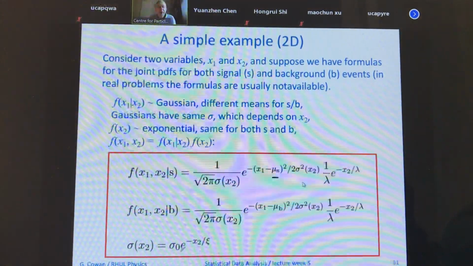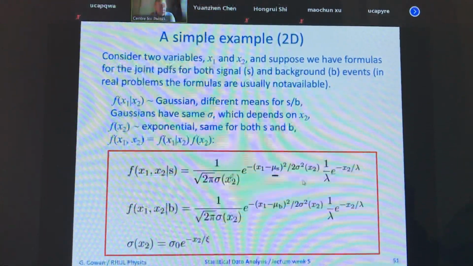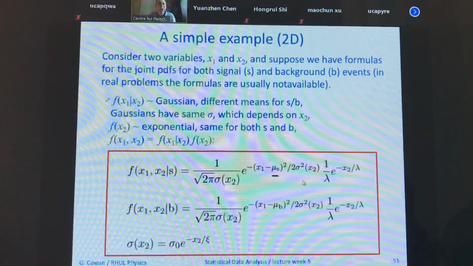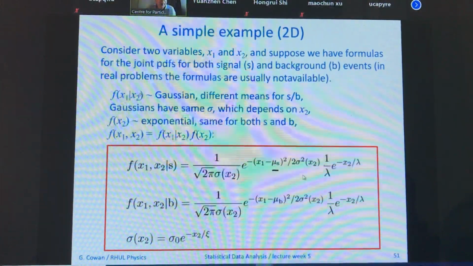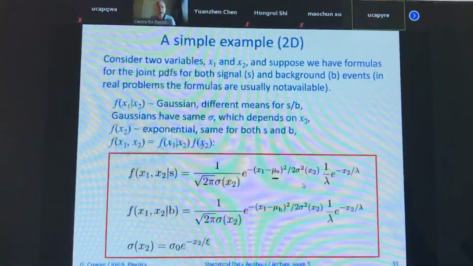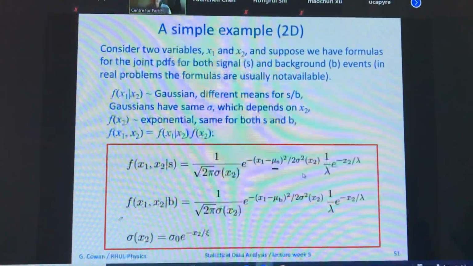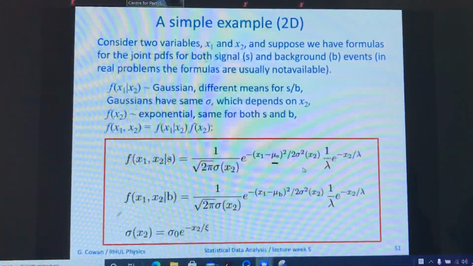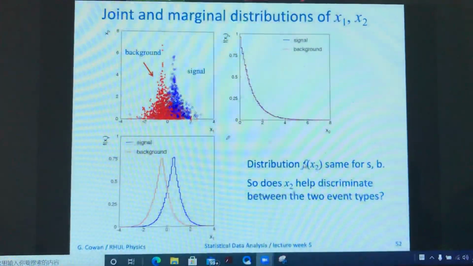So that's just a formula that tells you what the sigma of the Gaussian of x1 given x2 is. And then the second term multiplies the marginal PDF of x2. So those formulas in the box basically define the model. Very simple model. Let me show you on the next slide what the distributions look like.